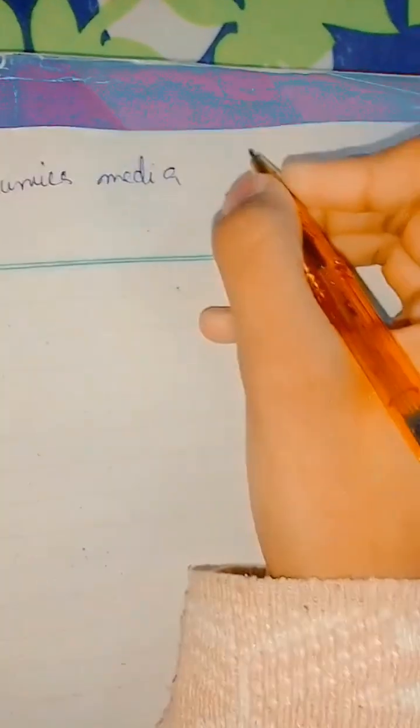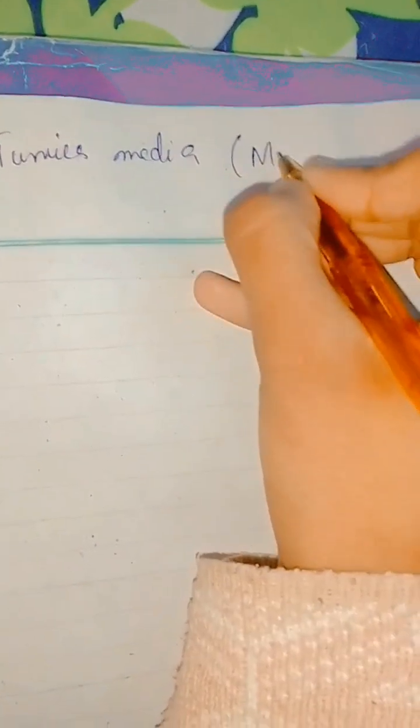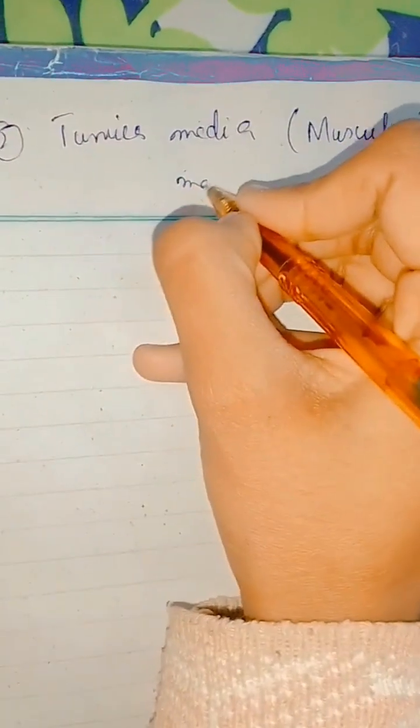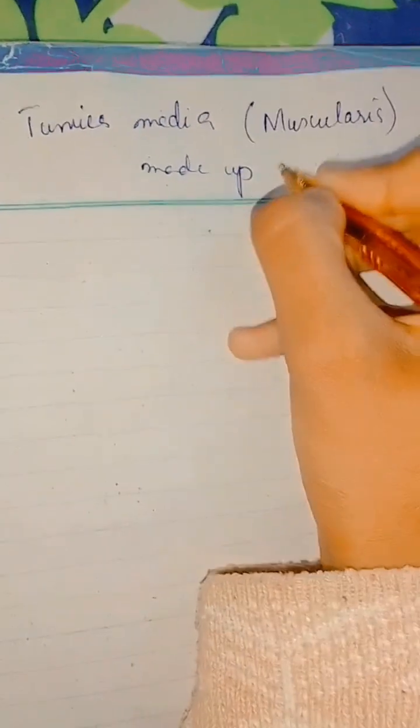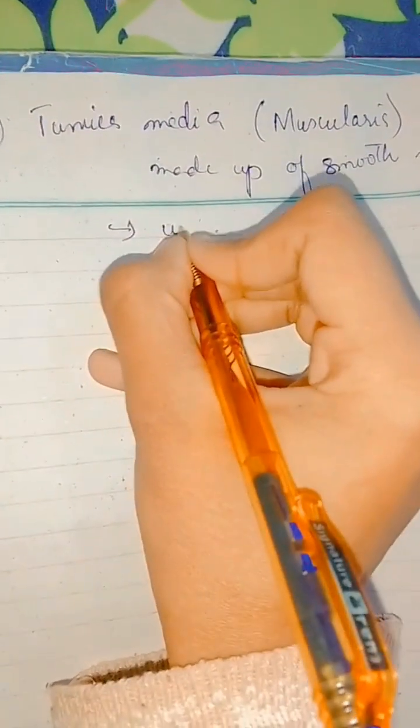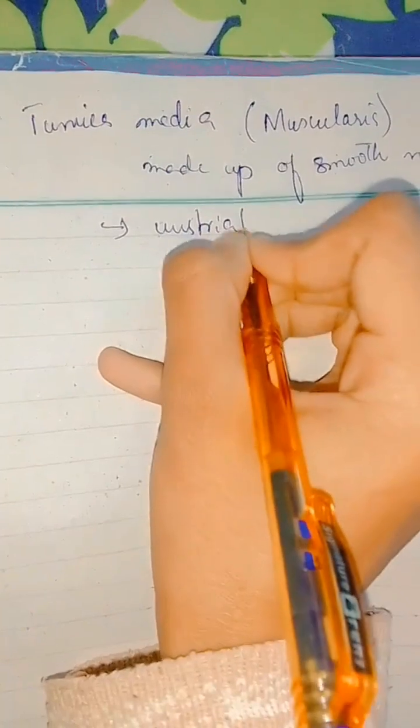Tunica media is also known as tunica muscularis. Why is it known as muscularis? Because it is made up of smooth muscles. And we know that smooth muscles are unstriated, meaning no bands are present in them.